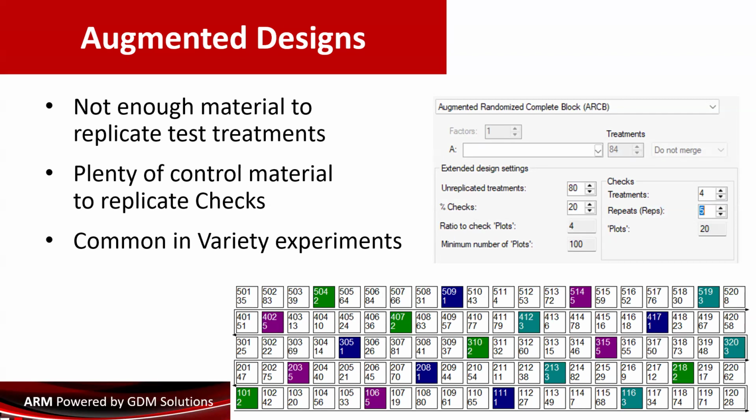Let's throw a lot of checks out there and just put what we can in the field, and then the analysis can help understand based on having a lot of data on those checks. Even though we have less data on the treatments, we can craft our analysis accordingly. So those are the augmented, and there's a randomized complete block and a CRD version of that augmented setup.